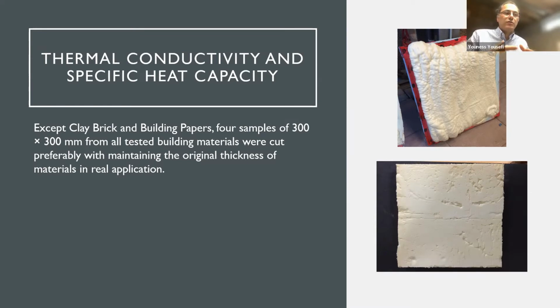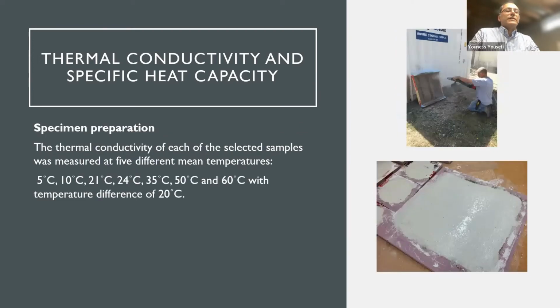So we somehow had to develop our method to make it possible to do those measurements. Whatever we could buy from the market, we bought, and the rest of them, like this one, we made. We asked contractors to make those for us and apply in place here at BCIT.